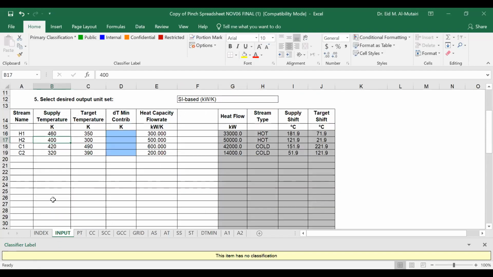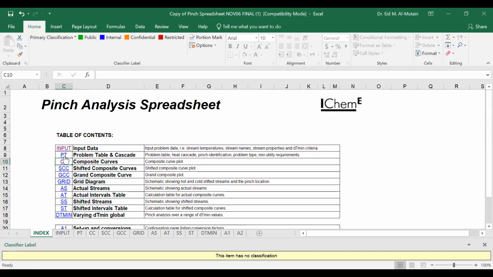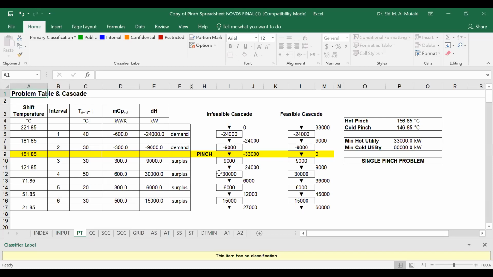I need to go to the PT sheet, and it will show me the pinch temperature for the hot and for the cold. It will show me also the minimum heating utilities and minimum cooling utilities requirements.